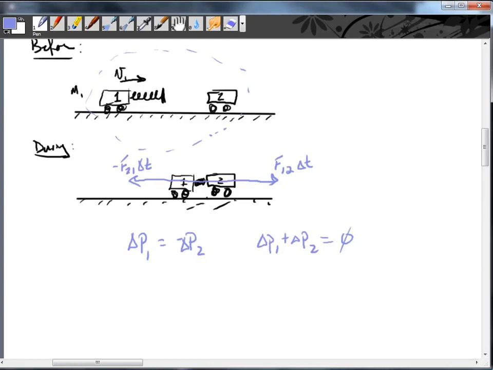That's what's going on here. The change in momentum 1 plus the change in momentum 2 equals 0. We saw this earlier, I think we saw it yesterday. If our change in momentum equals 0, this must be what?